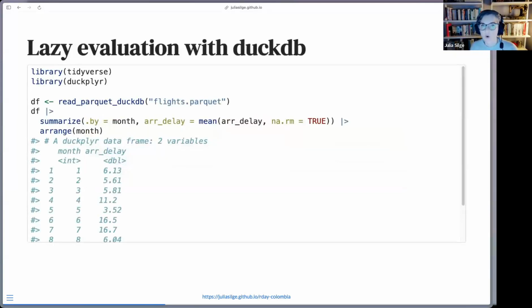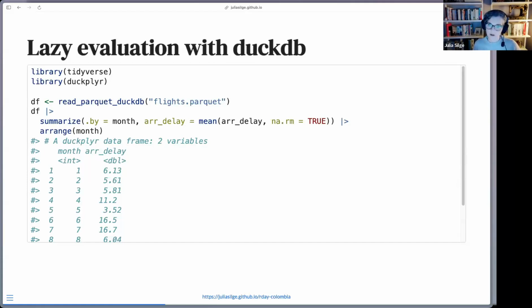The code you would write looks pretty similar. Instead of library tidyverse and read CSV, now we load another package, the duckplyr package, and instead of read CSV, we do read Parquet duckdb. And I'm going to read that Parquet file that is there.